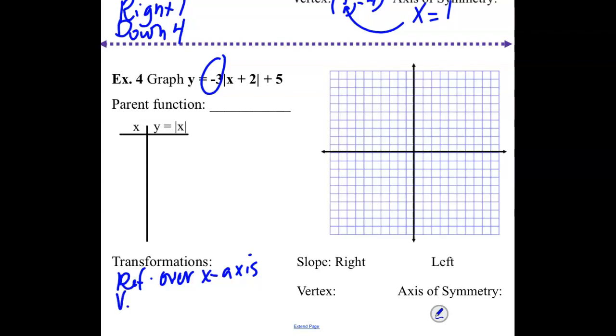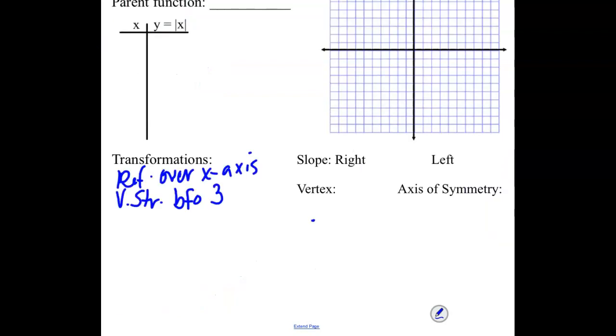Get in the habit of saying vertical stretch, because again, there are horizontal stretches and compressions. Vertical stretch by a factor of 3. And then what did we do? Left 2 and up 5. Okay.